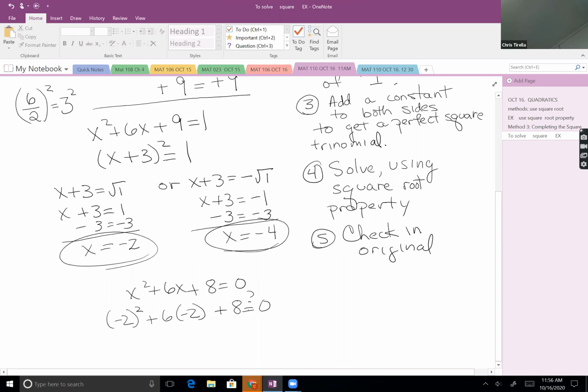Does that equal 0? 4 minus 12 plus 8 is indeed 0. So it checks. And then checking the other solution, negative 4 squared plus 6 times negative 4 plus 8. Does that equal 0? So that's 16 minus 24 plus 8 is 0. So it checks.